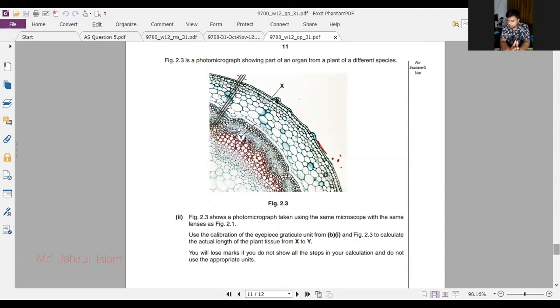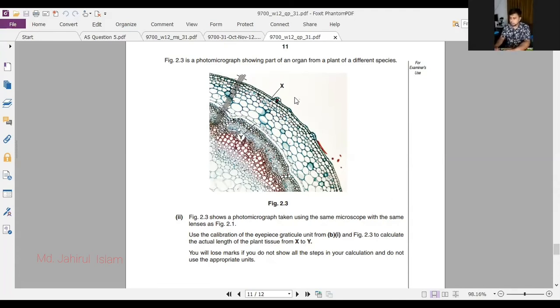Use the calibration of the eyepiece graticule unit from B1 and figure 2.3 to calculate the actual length of the plant tissue from X to Y. You will also lose marks if you do not show all steps of calibration and do not use appropriate units. So 2 marks will be awarded.